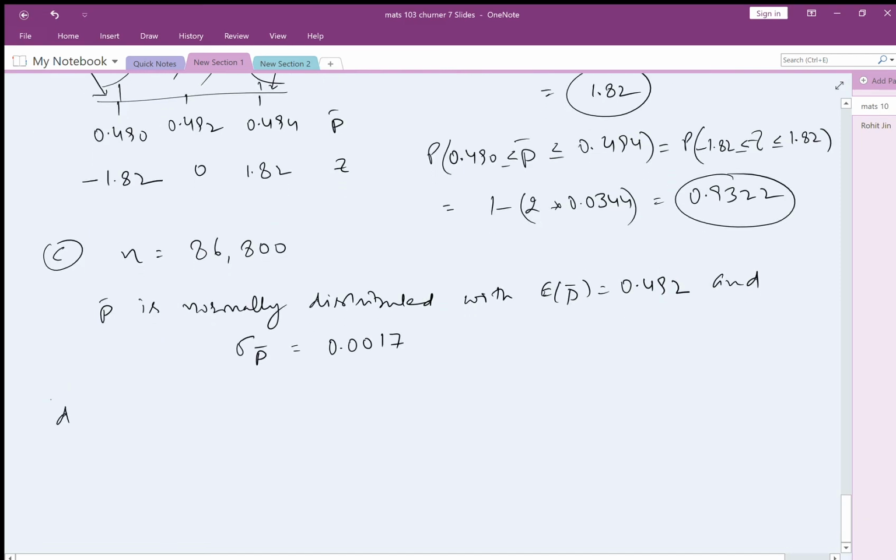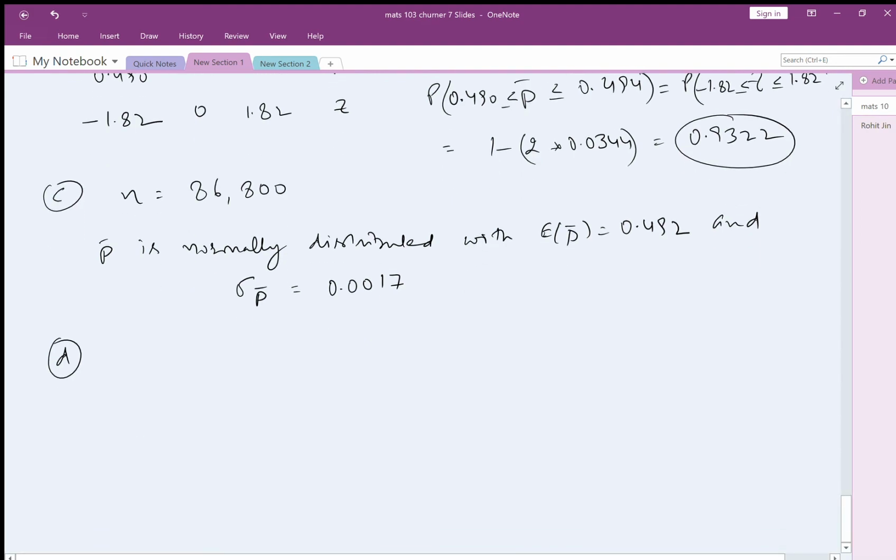Okay, and then last part D, there is another one. Part D, what is the probability that the sample proportion in part C will be within plus or minus 0.002? So again, it's the same as in part B. So this is 0.492, 0.494, and then 0.490.